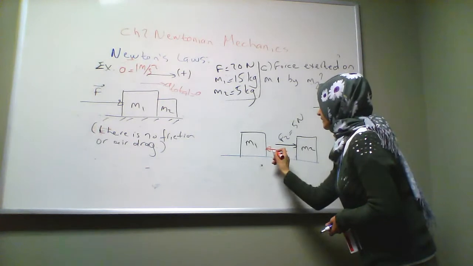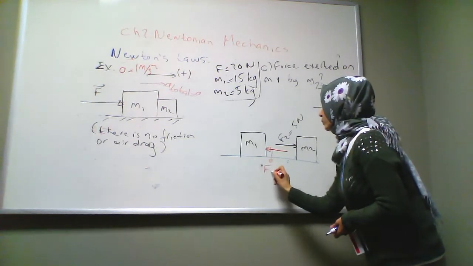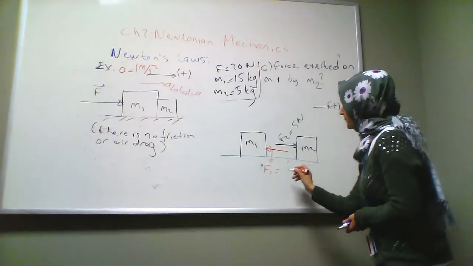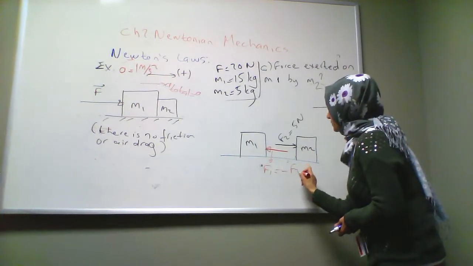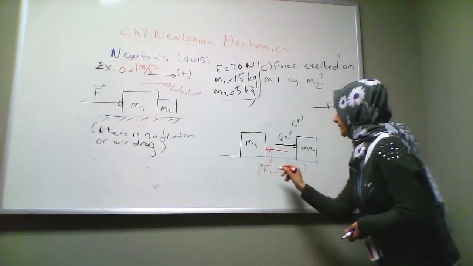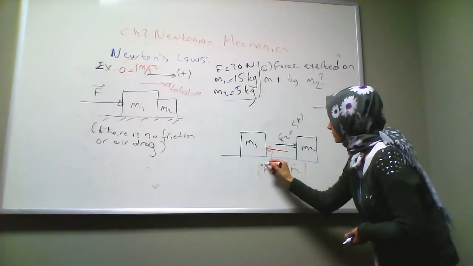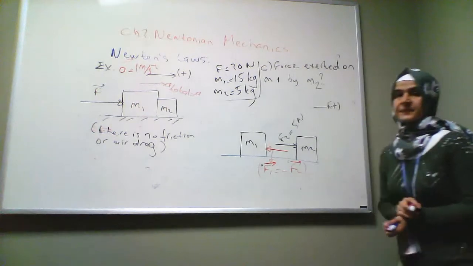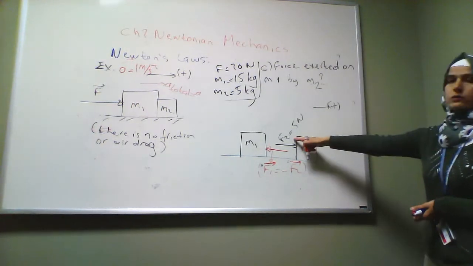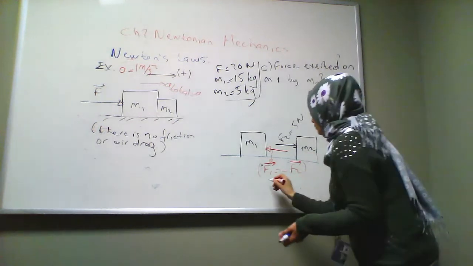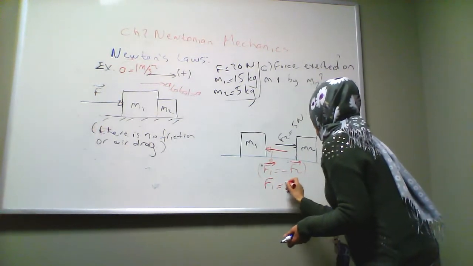So I will have here F1, force exerted on M1 by M2, is equal to minus F2, and this will always be the case. Equal in magnitude, opposite in direction. Okay, so if F2 was 5 Newton, F1 is also 5 Newton. I have directly found it.